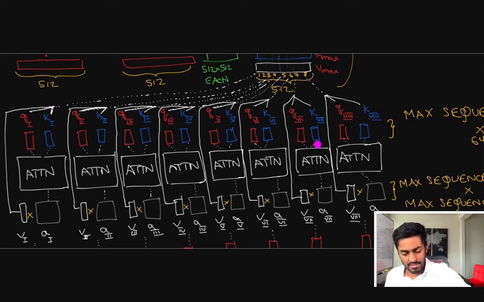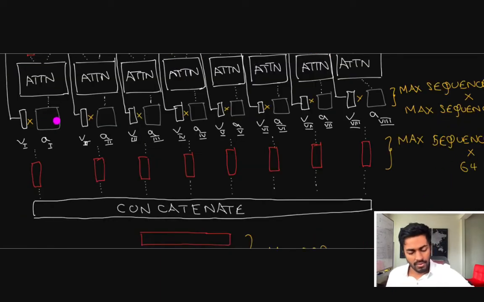Now, once we pass it through the attention unit, we will get attention matrices, which is going to be sequence length cross sequence length. That's the number of words cross the number of words, in order to see exactly how much attention each word should pay to the other. We then multiply it by every head's value matrix, which is essentially going to be the sequence length cross 64. And so when we multiply these matrices together, we're going to get 8 individual vectors, which are going to be the maximum sequence length cross 64 each.